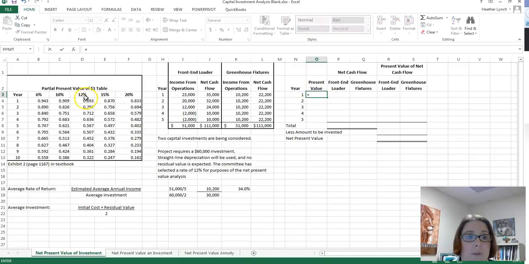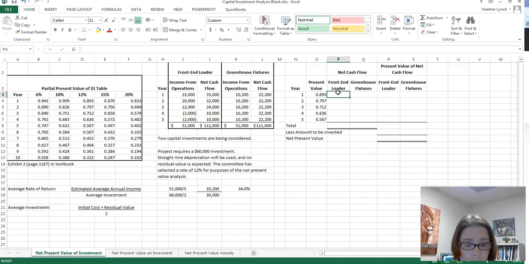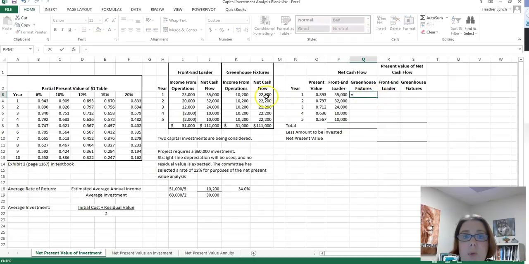I'll keep going down because we have different amounts, and we need to look at the present value of each of those. Notice I'm just getting the net cash flows. The people creating this option have to give us what the net cash flows are anticipated to be. And I can copy all those down.